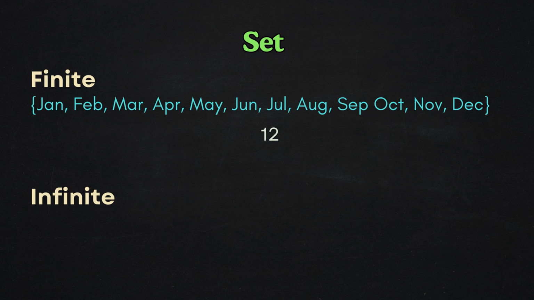Sets can be either finite, meaning they have a limited number of elements, or infinite, meaning they continue indefinitely. For example, a set containing all 12 months of a year is finite, whereas the set of all natural numbers goes on forever, making it infinite.